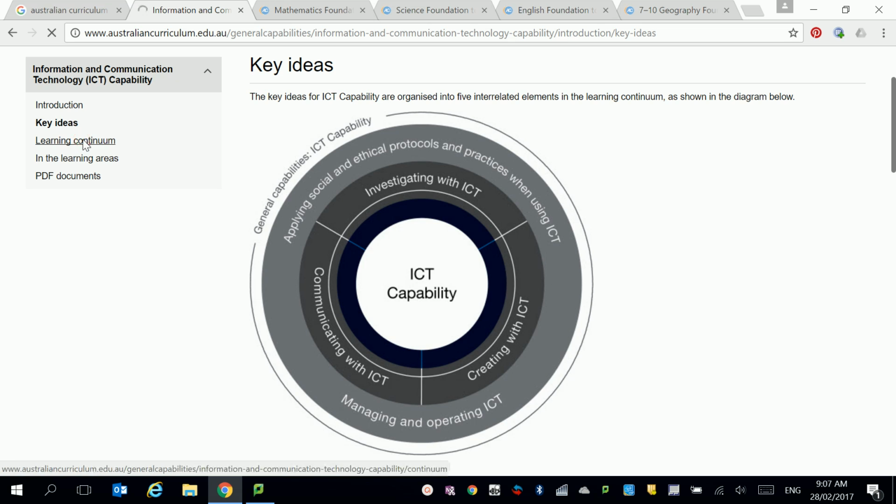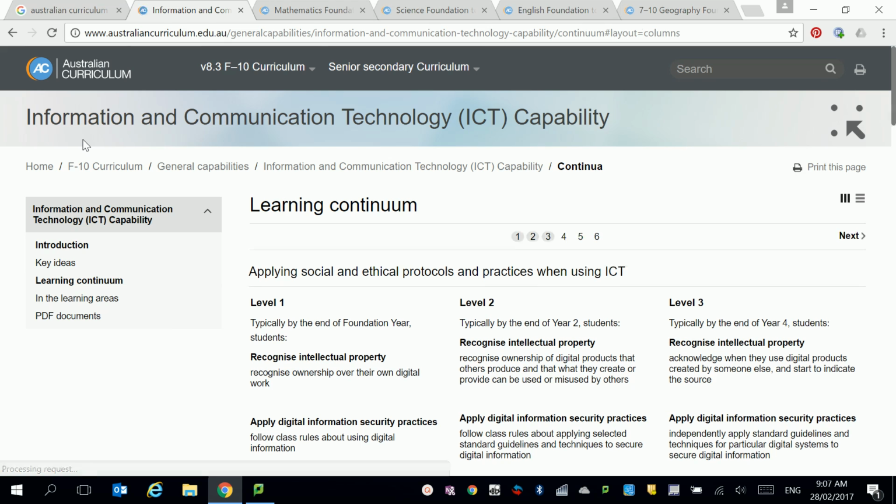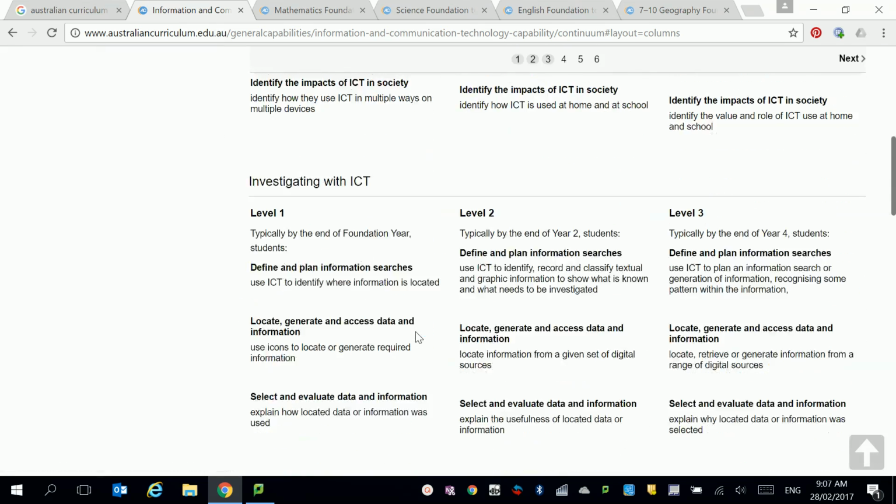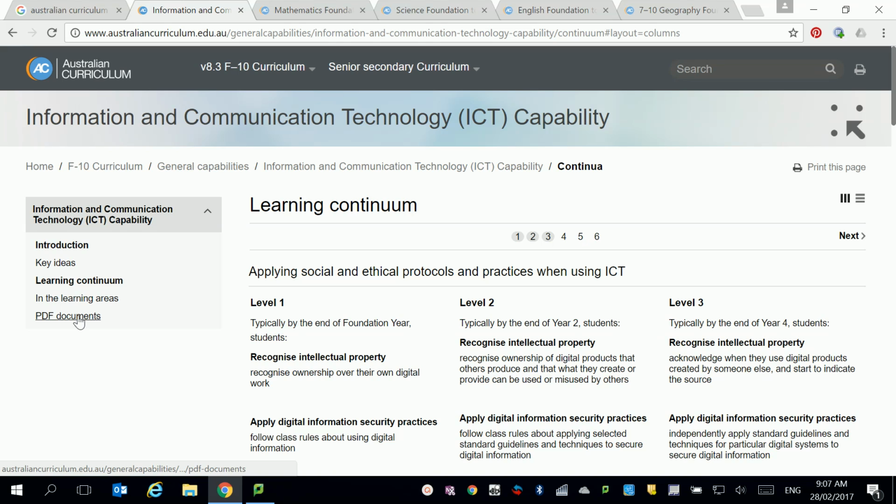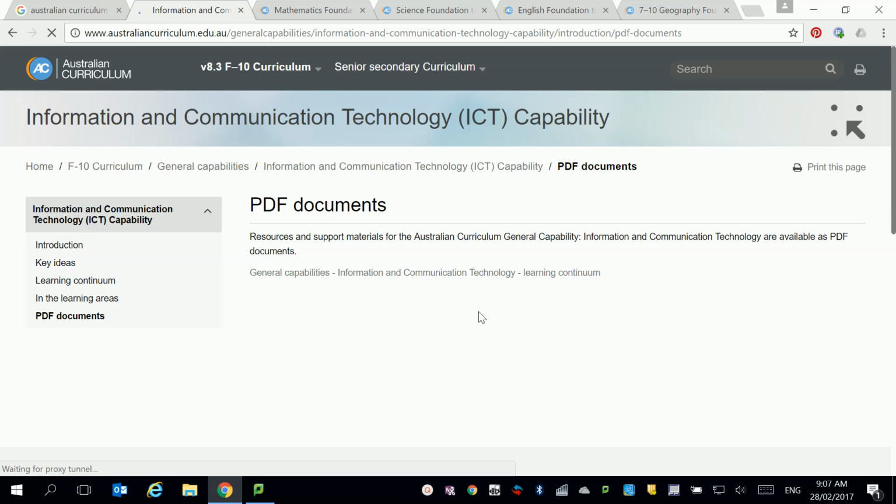The next useful area is the learning continuum. And so this will give you an idea of where students need to be at. The best thing to do here is probably go to the PDF documents, and you'll get a complete PDF of the entire continuum.